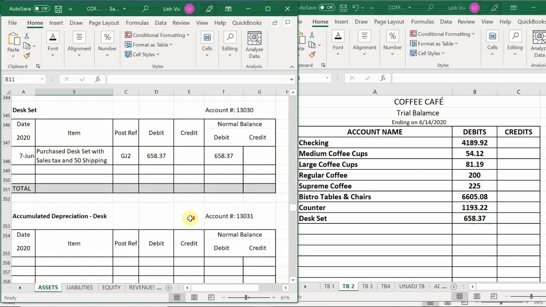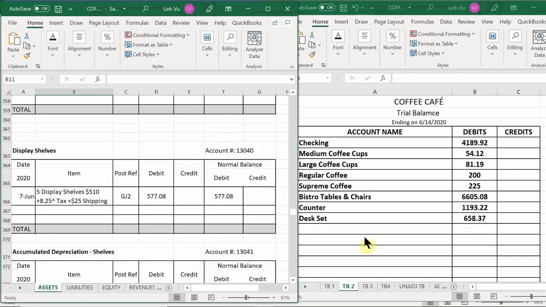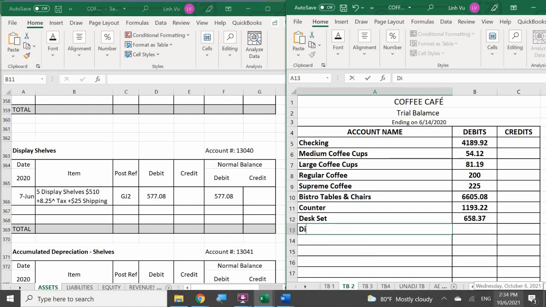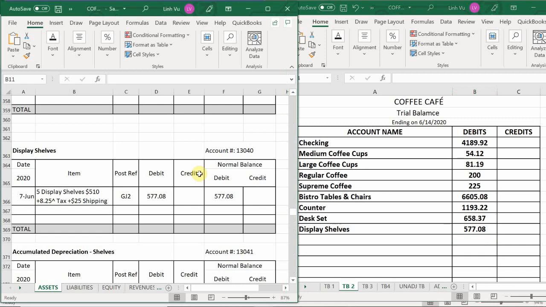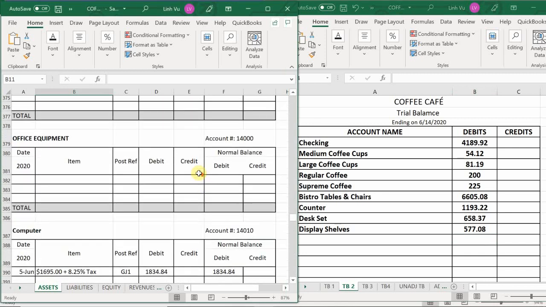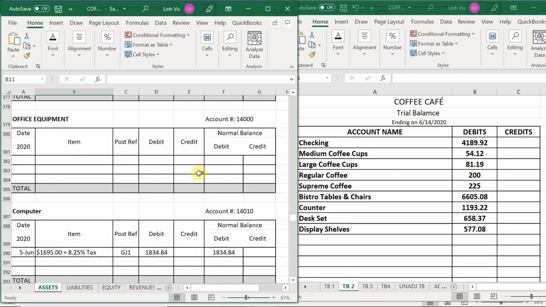Okay. And what do we have more? The display shelves for 577.08. The computer.